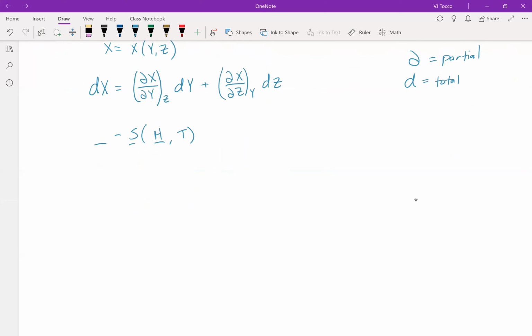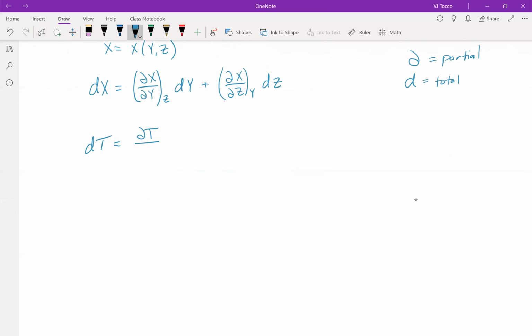I'm going to erase this one. That one was just a demonstration that I can do it with any variables. Hopefully I explained why I'm choosing these three particular variables, and in another situation, you may choose three other variables to stand in for X, Y, and Z.